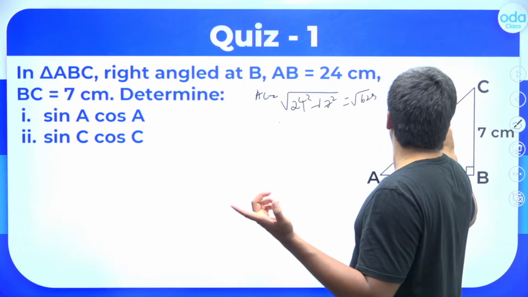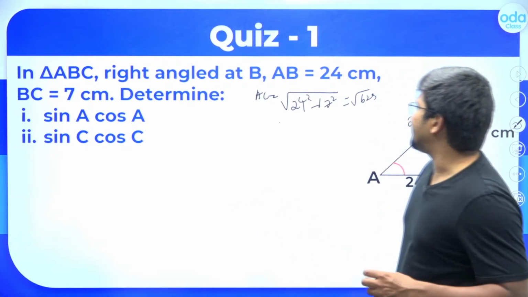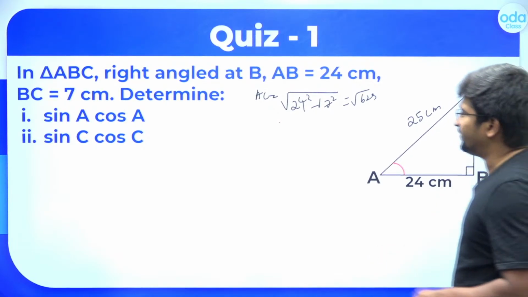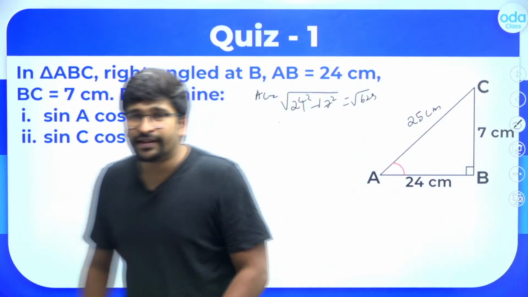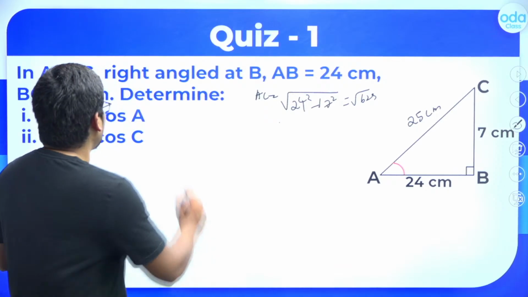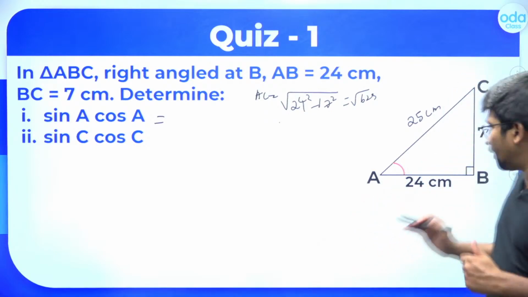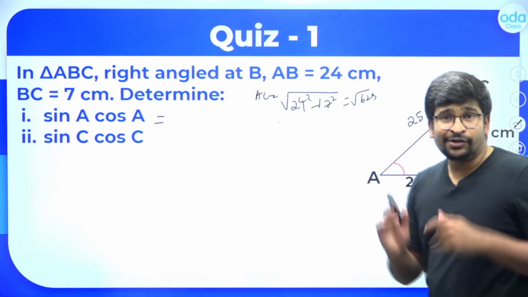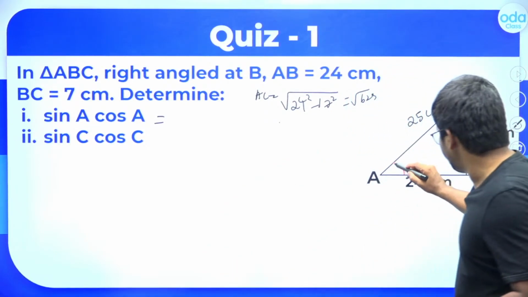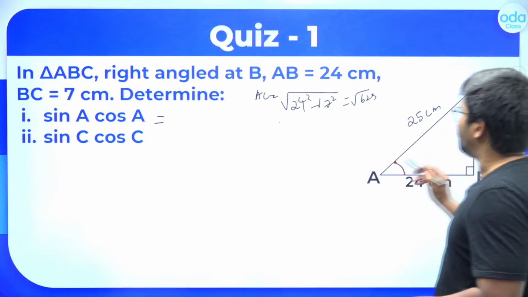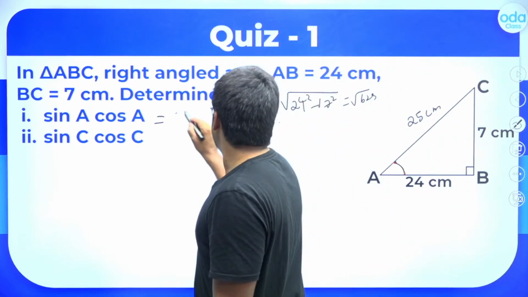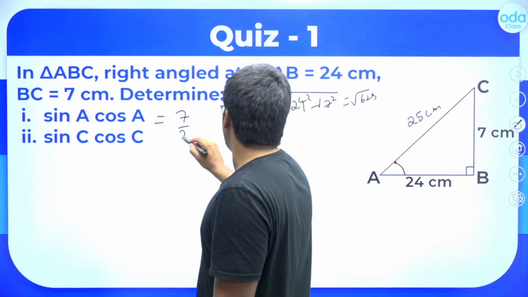So the AC length is 25 centimeter. Now what is required? First question is to find sin A into cos A. What is sin A? You have to focus on the angle A. Sin A is opposite side by hypotenuse. For this angle A, the opposite side is 7, divided by hypotenuse 25.